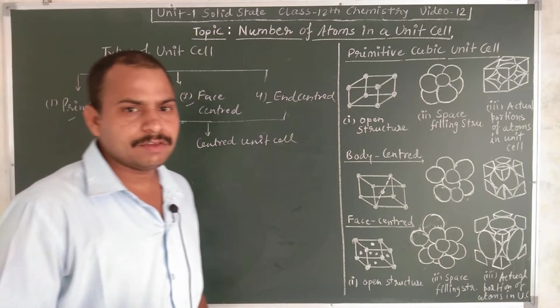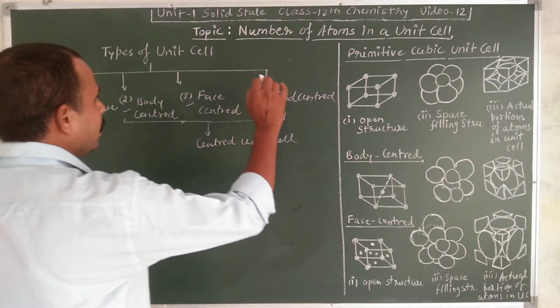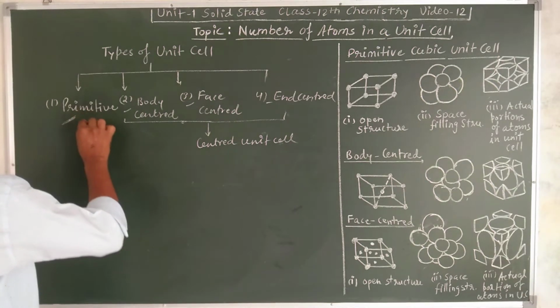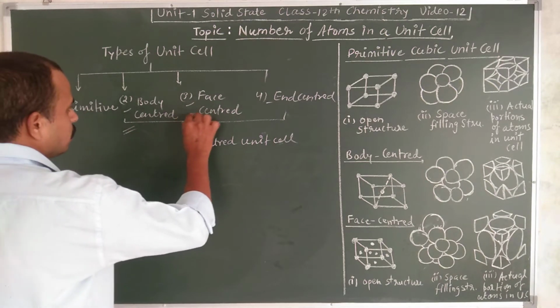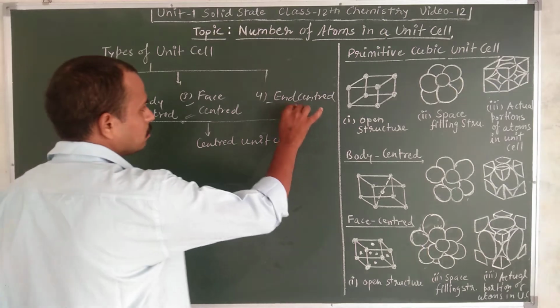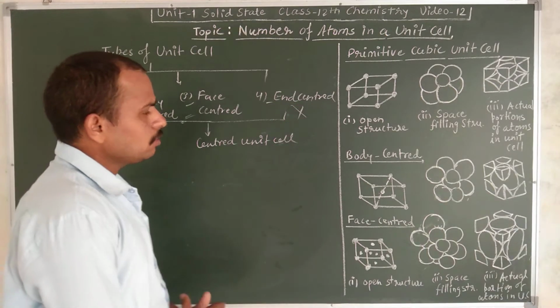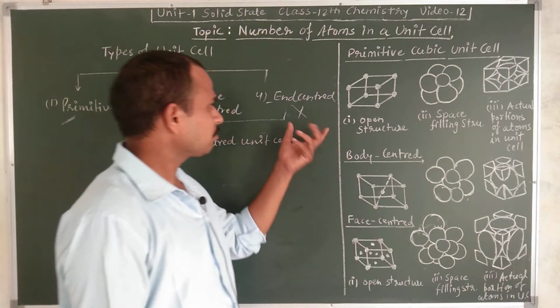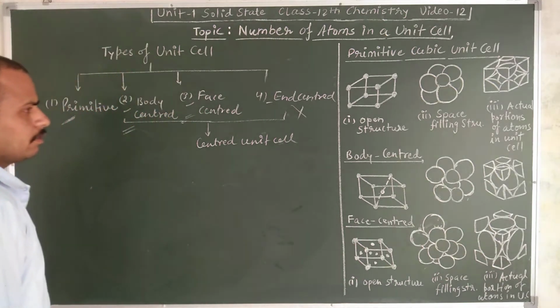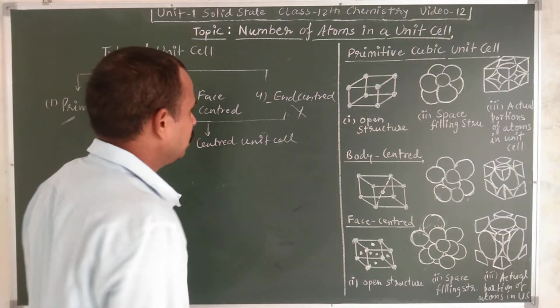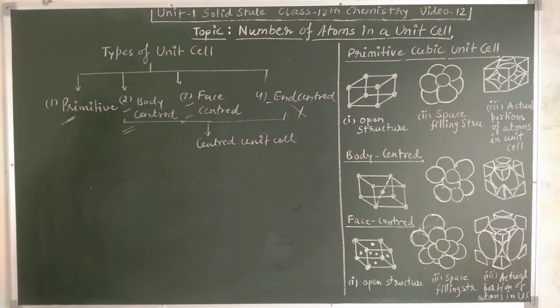In this video lecture we calculate the number of atoms in primitive, body centered and face centered unit cells. We do not discuss end centered; this is not in the syllabus.